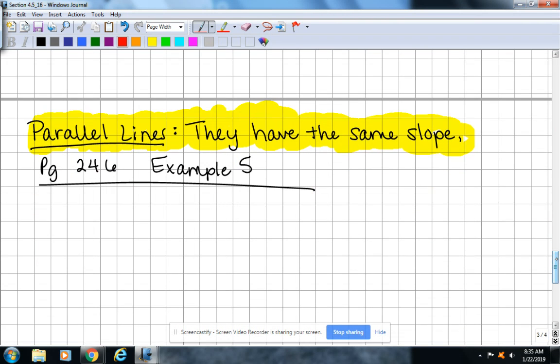Last thing I want to talk about is some parallel lines. And I thought this should really be in the slope section, but they put it in this section instead. So I want you to write down this definition of parallel lines. It's really not the definition, but it's an important thing about them. And then I want you to get out your book after you write that down.